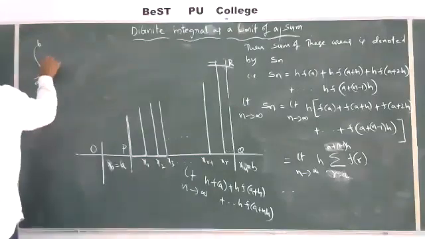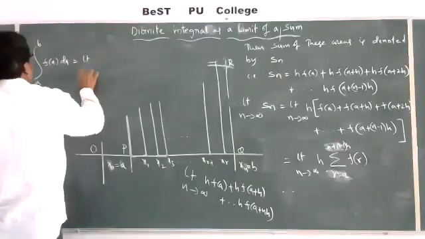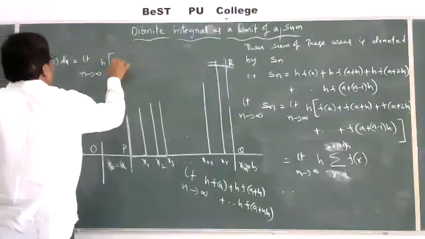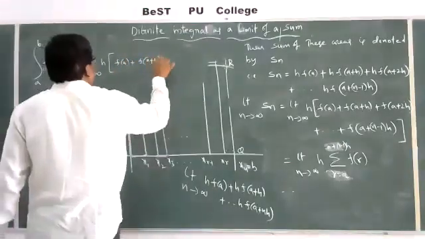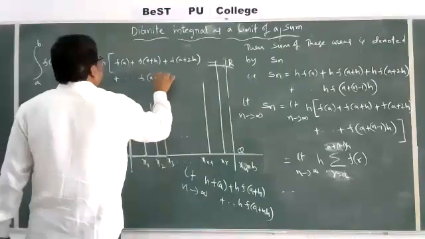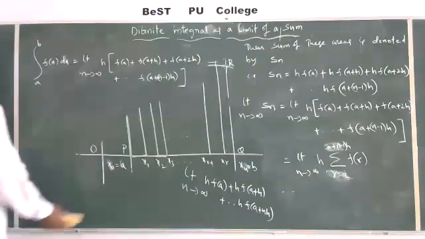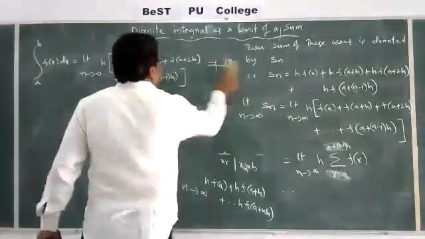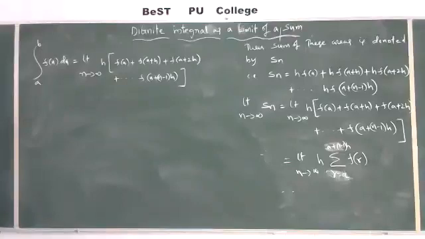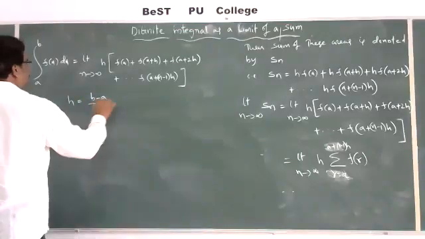integral a to b f of x into dx is equal to limit n tends to infinity h into f of a plus f of a plus h plus f of a plus 2h and so on, f of a plus n minus 1 into h, where h is equal to b minus a by n.